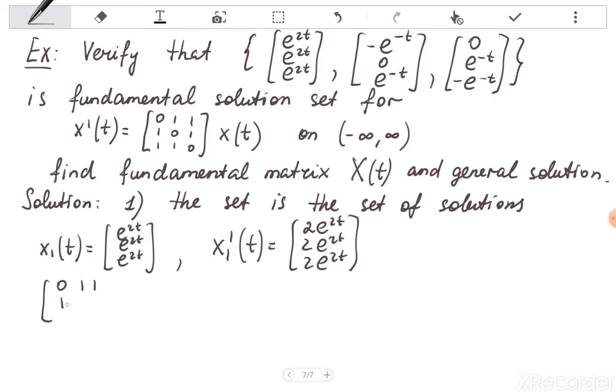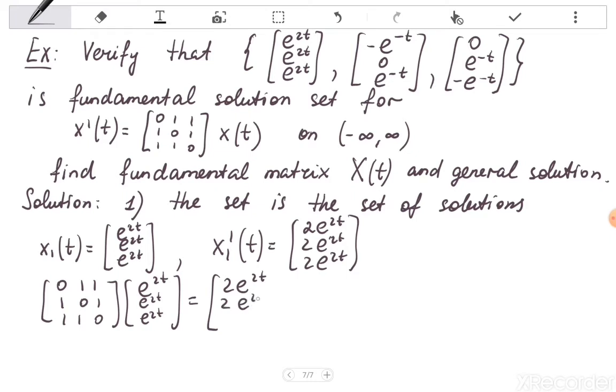The matrix 0, 1, 1, 1, 0, 1, 1, 1, 0 times the vector e to t, e to t, e to t. The first row gives e to t plus e to t, which is 2e to t. The second row, again 2e to t. And the third row, again 2e to t. So indeed these two things are equal, so x1 satisfies the system.